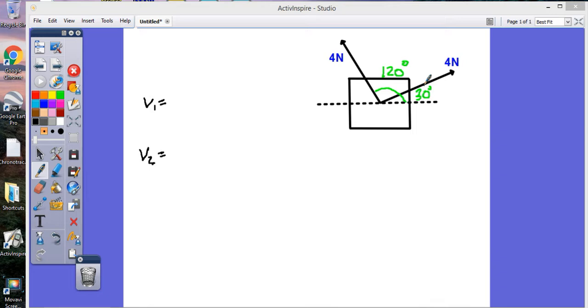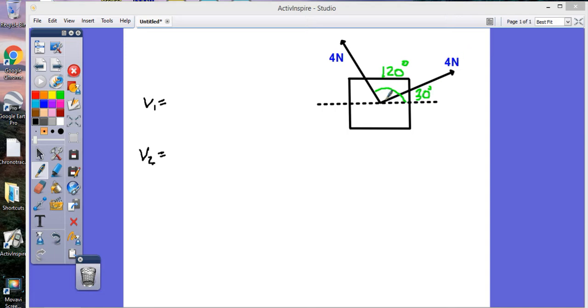I wanted to just give you a quick example of one of these total force problems that you had in your packet. So the idea of this is kind of a physics problem. You've got a block here and it's being pushed by two different forces. So you've got one force going in this direction, 30 degrees from the horizontal. Now N, I believe, in this problem is going to be your units.